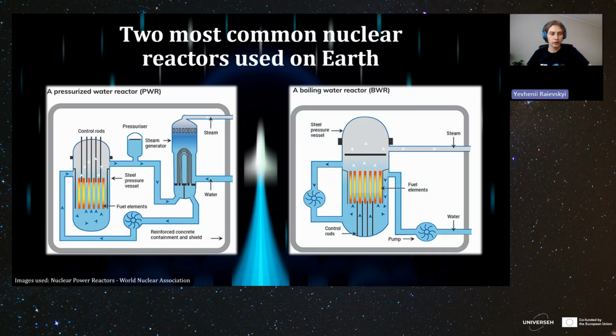The two most common nuclear reactors used on Earth are the pressurized water reactor and the boiling water reactor. So you have a generator of heat, a source of heat, and a so-called coolant. Coolant is the liquid which transfers the heat to the turbine through the circuits.